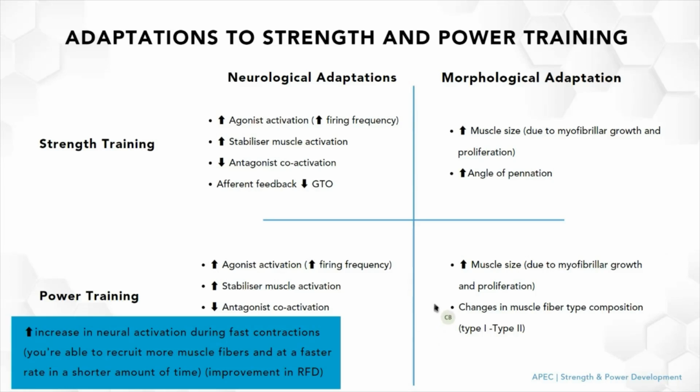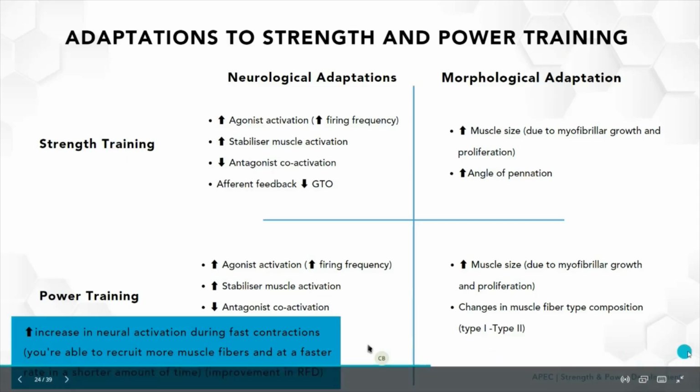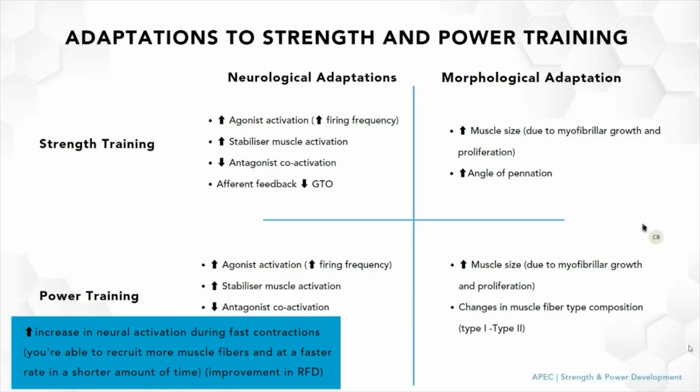One thing I want to make clear with power training is the main adaptation we're making here would be neurological adaptations, and specifically neural activation at fast contractions, okay? So when you're performing these movements, you're trying to perform them as fast as possible. So what you're doing is you're increasing the rate that you can develop force at, okay? So you're making improvements to these fast explosive movements, okay?